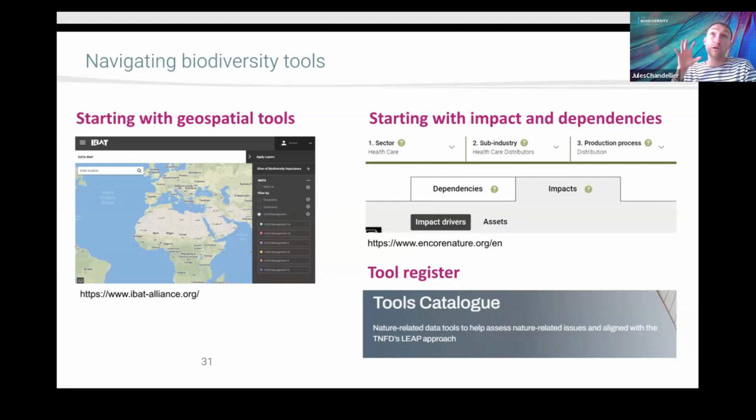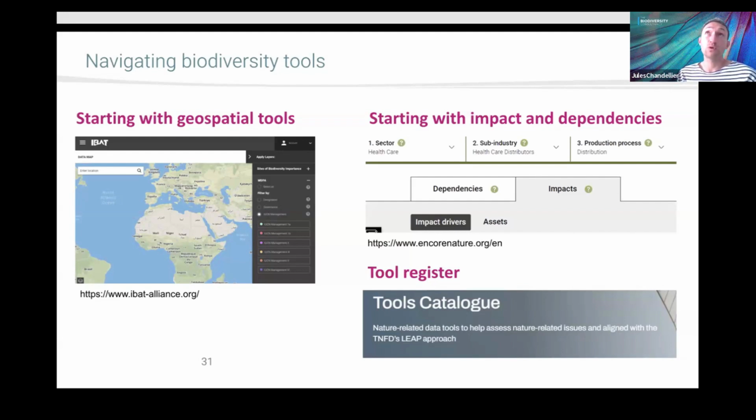But also, if I need to build a new plant for my company, how can I best choose the area to have less impact on biodiversity? There are a lot of geospatial data layers that you can use, and you can find a lot of them on the internet, and I would recommend going through them.